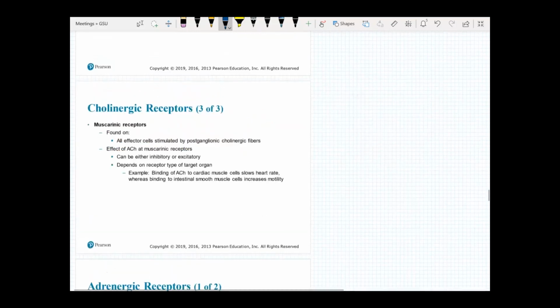And then you're going to have a muscarinic receptor. Remember, whenever you hear muscarinic, you also need to think that it is receiving ACH. These are only found on effector cells that are stimulated by postganglionic cholinergic fibers. So the muscarinic receptor is going to be on the effector cell.